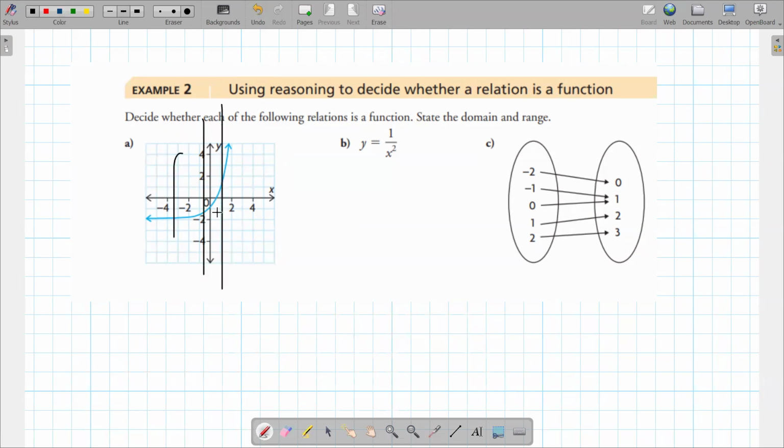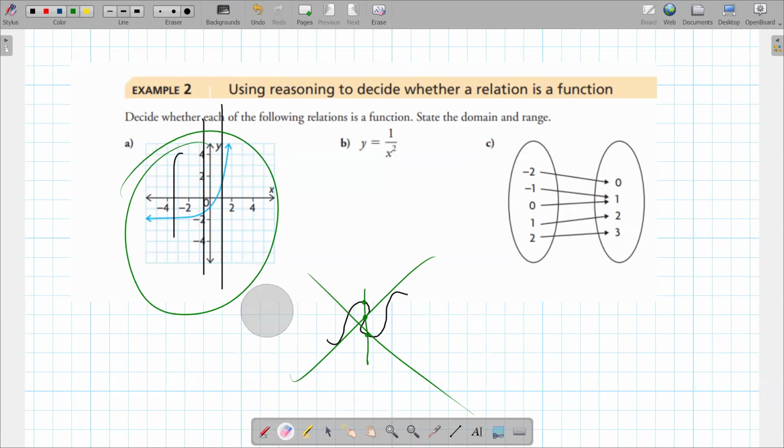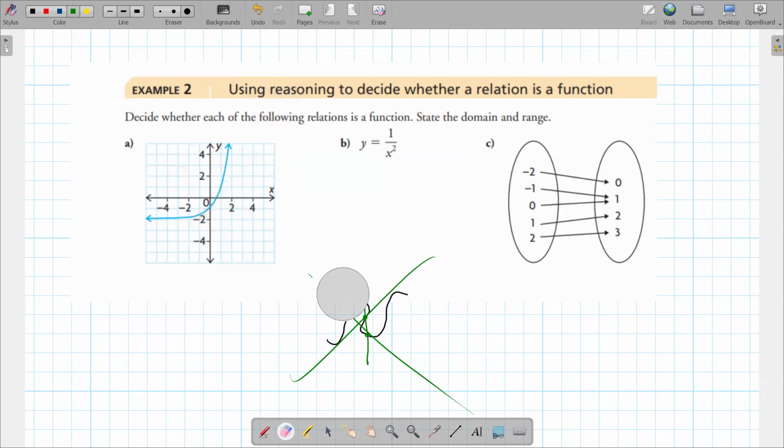It can only cross one point on the curve. If it crosses 2 points, so let's say you have a curve like this, and when you draw a line it crosses multiple points, then that is not a function. This one, on the other hand, is not crossing more than one point at any given point on the curve, so that is a function. Very simple, you just draw a straight line.